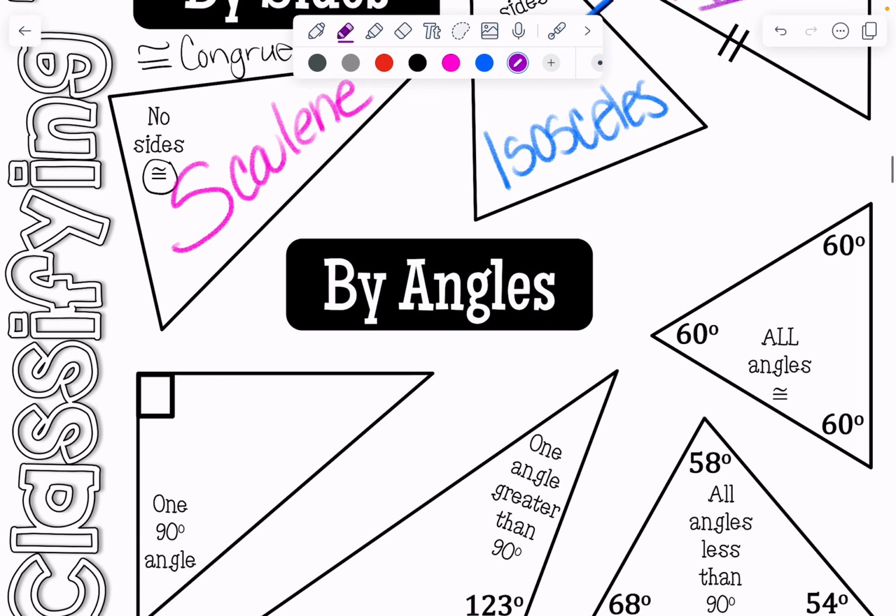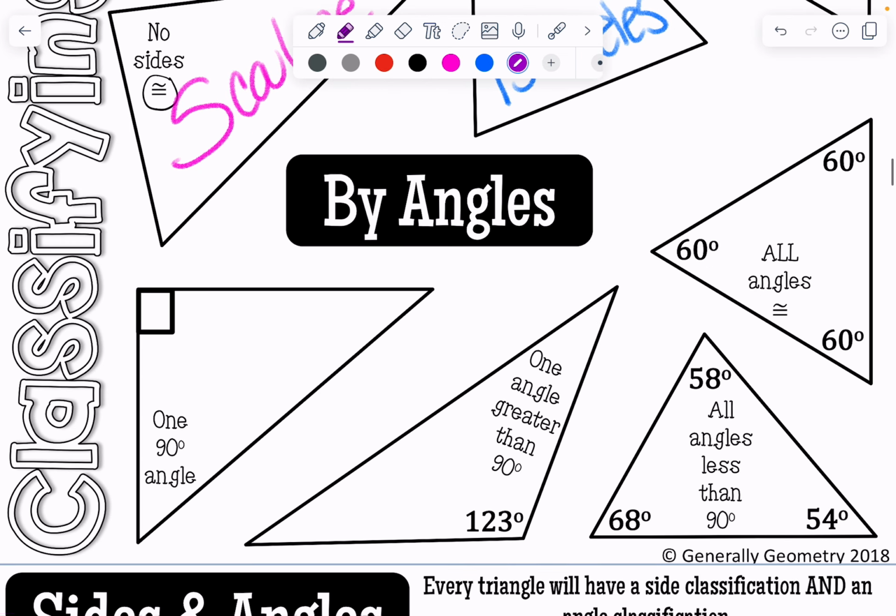We also have a set of words that we can use to classify triangles by their angles. So I'm actually going to start over here on the far right on this one. So if we have all angles congruent, we call this an equiangular triangle. So again, equal angles.